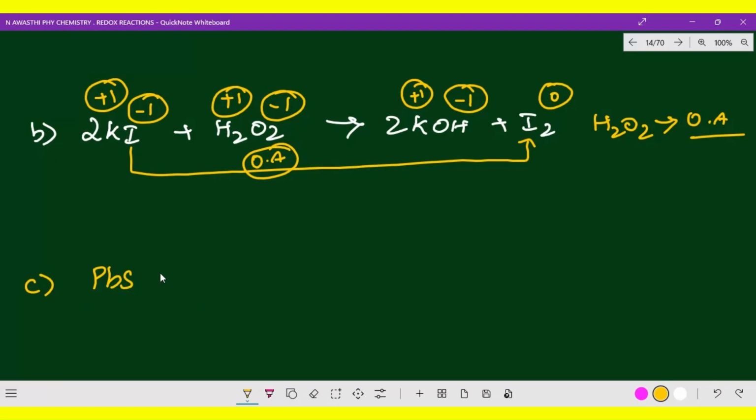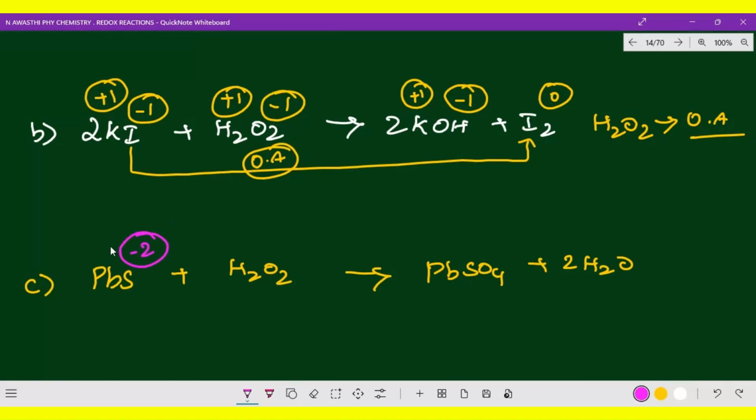PbS, lead sulfide, combined with H2O2 gives PbSO4 plus 2H2O. Here in this case, sulfur is -2 and lead is +2 oxidation state. Oxygen is -1 and hydrogen is +1. In the sulfate, oxygen is -8 and lead is +2, so sulfur is +6 oxidation state.